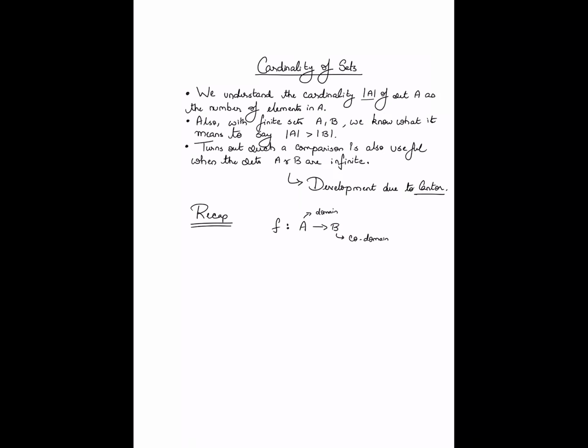And what is a function? A function is basically a mapping from elements of A to elements of B. So a function f maps every element of its domain to a unique element in its codomain.